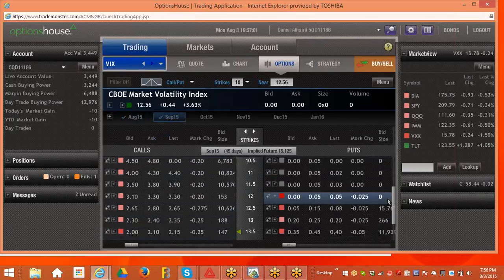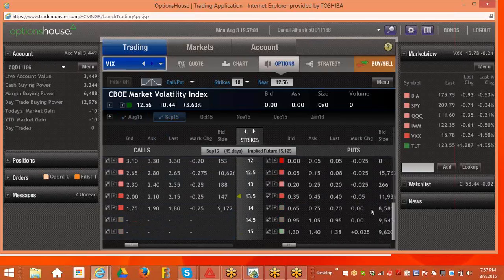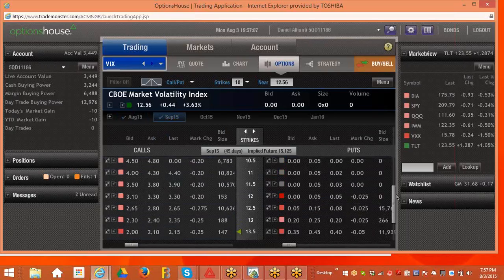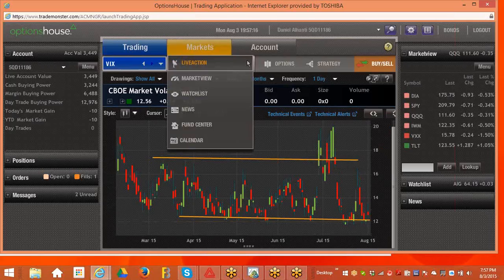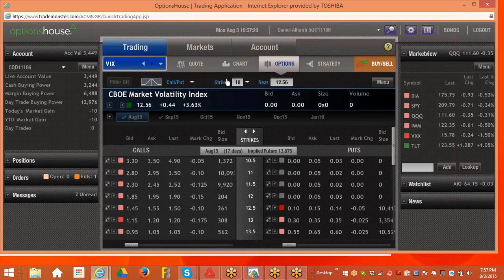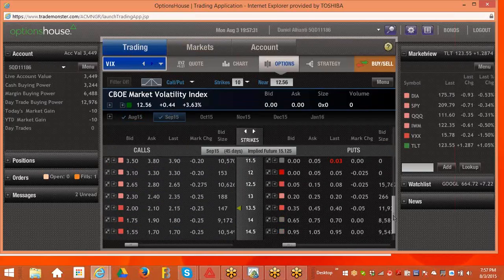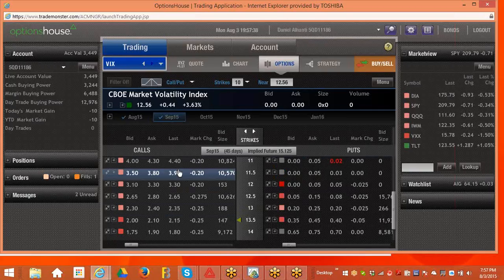Now, what I'm looking for is, if the price was to go from 12 to, let's say, 15 up here in the next couple days, then I'm looking for that 215 in September. That can easily get to something like this, 390, 440.